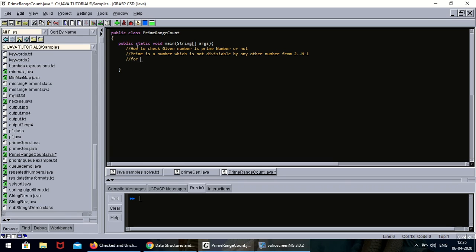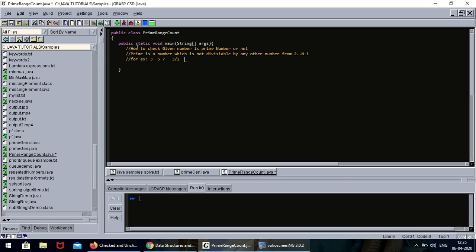For example, 3 or 5 or 7, these are the prime numbers. From 2 to 2 is 2 only. 3 is not divisible by 2.